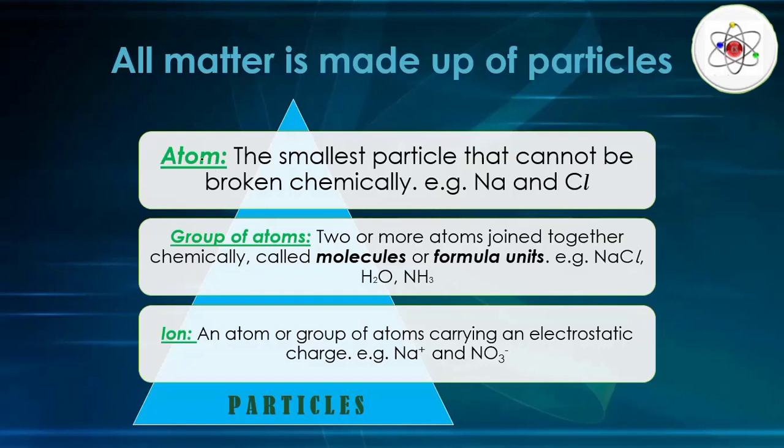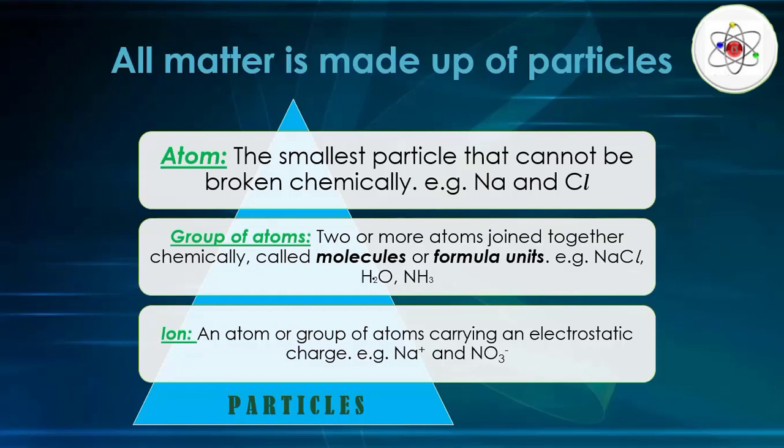When 2 or more atoms combine chemically, they are called either molecules or formula units. If we write NaCl, it means a group of 2 atoms, sodium and chlorine. It is an ionic compound, so the smallest group of atoms is called a formula unit of sodium chloride, whereas H2O and NH3 are covalent compounds, so their groups of atoms are called molecules.